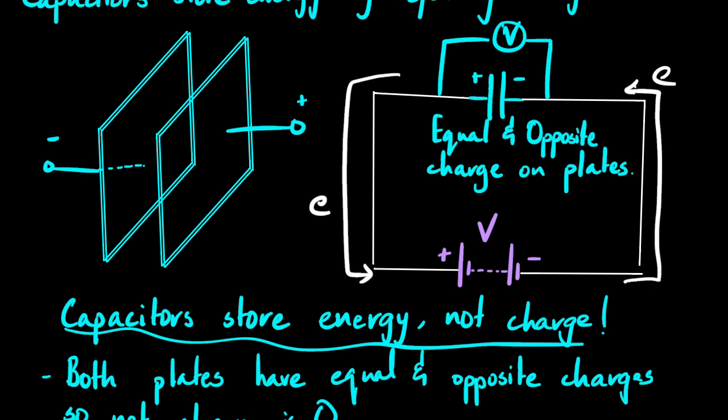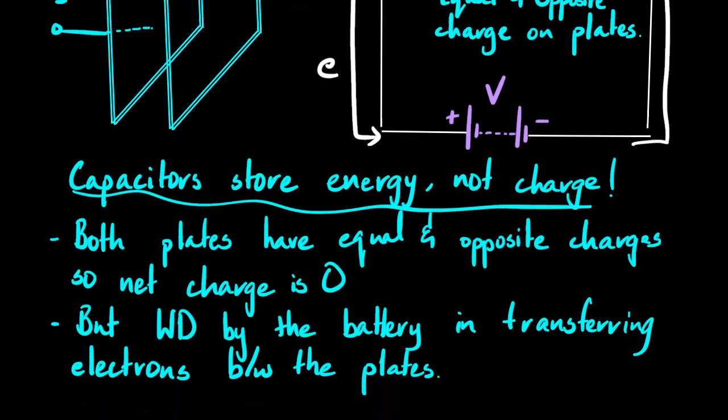So initially when this is connected, there would be current flowing, right? So this is the direction in which electrons are flowing. So we know current flow would be opposite, that would be from positive to negative, and that stops until both of these have the same voltage across them, at which you know that there's not going to be any more potential difference between both of these components, and then no current would flow, right?